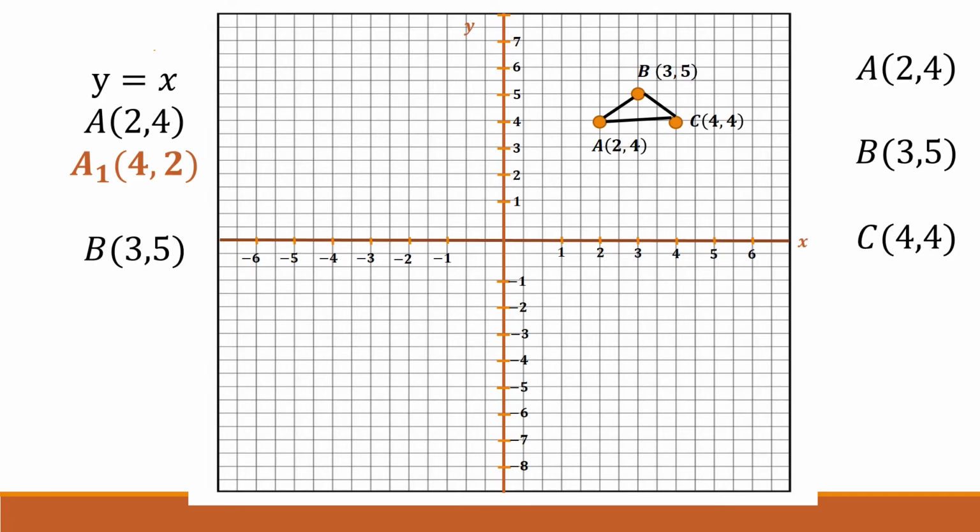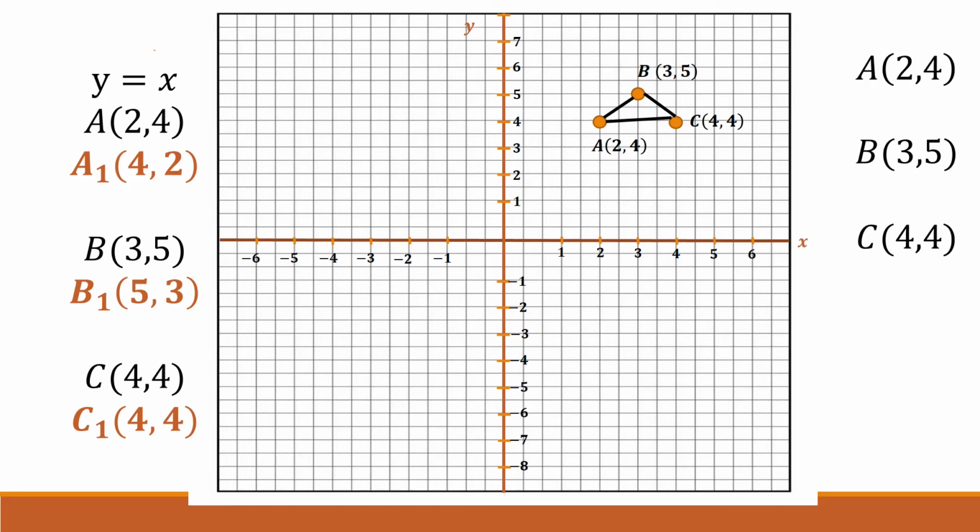In the same way, when we pick the second object point, which is point B, (3, 5), and I'm reflecting in the line y equals x, it also reverses to become point B1, which is (5, 3). And the last point, point C, which is (4, 4), reflecting in the line y equals x, still becomes (4, 4), because when I reverse it, it is still the same number.